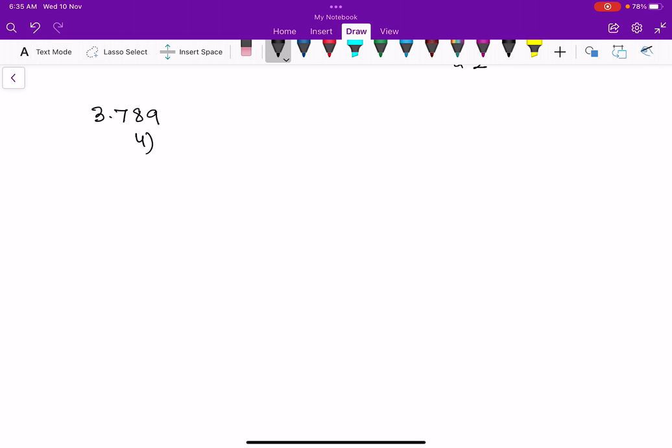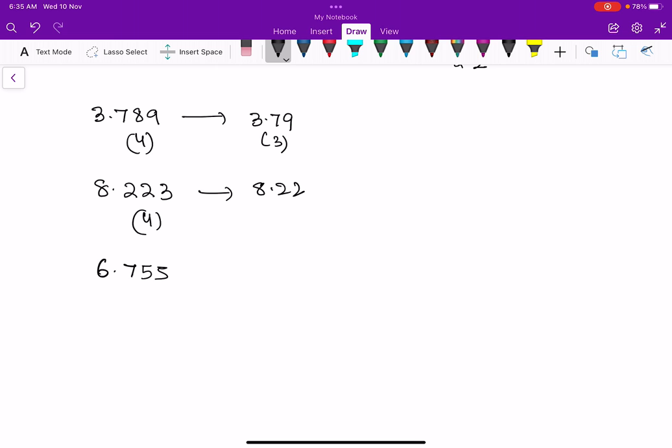So I will write some examples, then you will understand. 3.89, I want to set it for 3 significant figures. So 3.79. 8.223 is 4 figures, I want to set it 8.22 only. 6.755, 4 figures, I want to set it to 3. 6.76 because 5 is there and the preceding digit is odd.